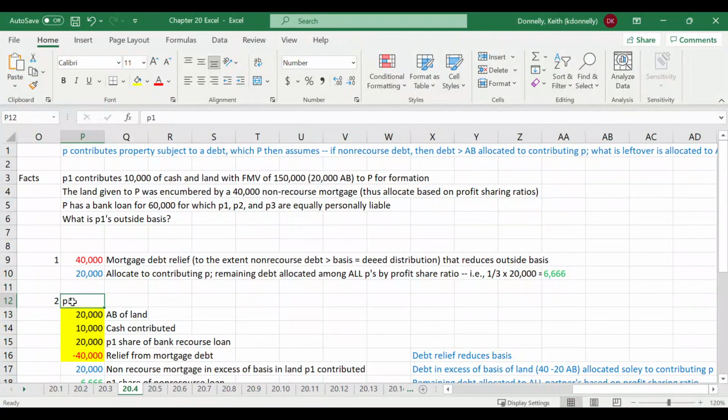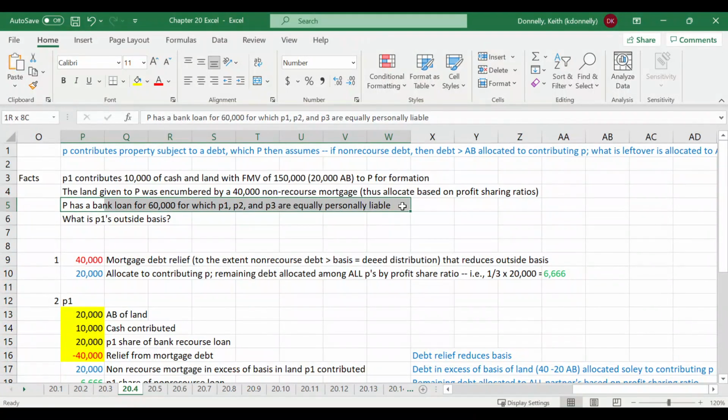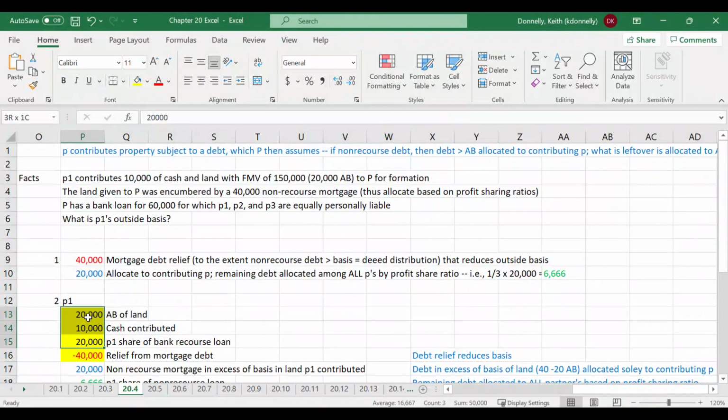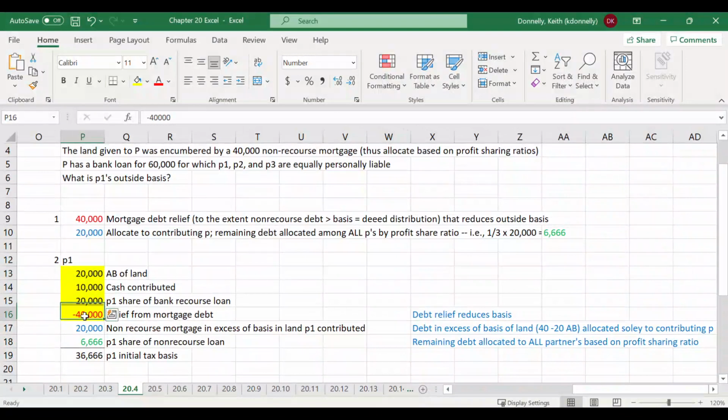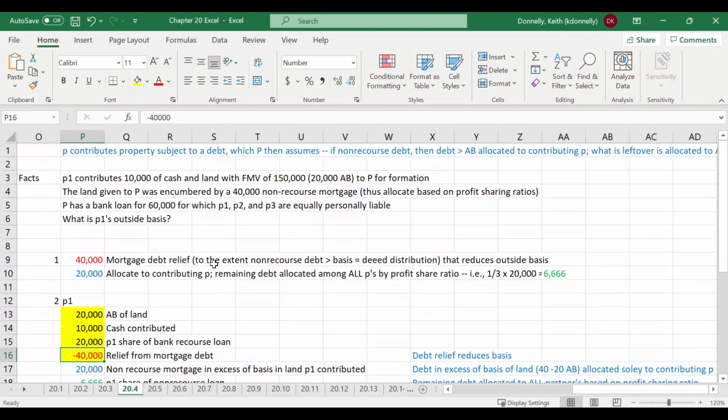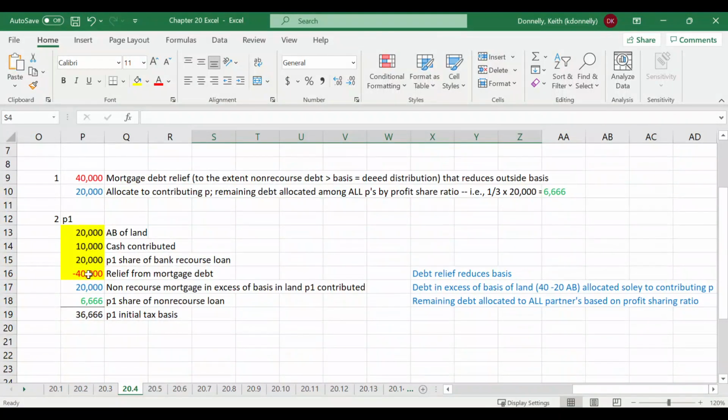We contributed land, the partner one did. They contributed cash. They also have, for the partnership, the independent loan that the partnership took out, they're on the hook 20 grand. The next thing here is this relief from the mortgage debt. They got off the hook for 40,000 right here of what they owed on the land.